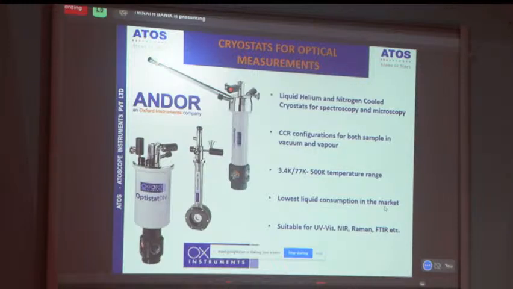So these cryostats can be used in wide applications, for the optical experiment, for the electrical experiment, and for any kind of magnetic experiment as well. So if you have a magnet and you wanted to put the cryostat inside the magnet, you can do that as well.